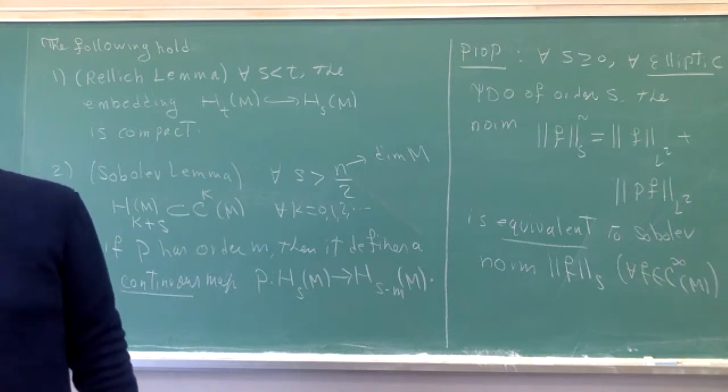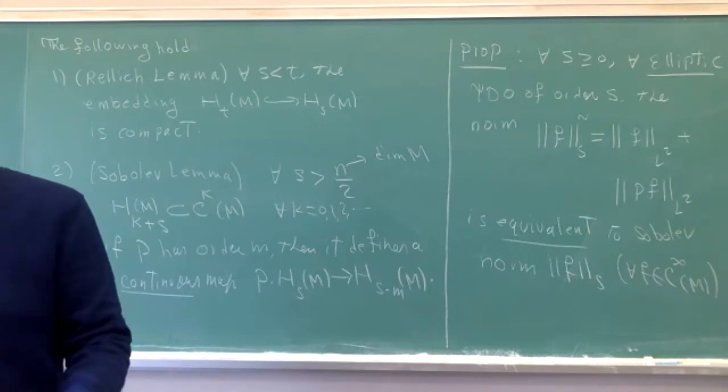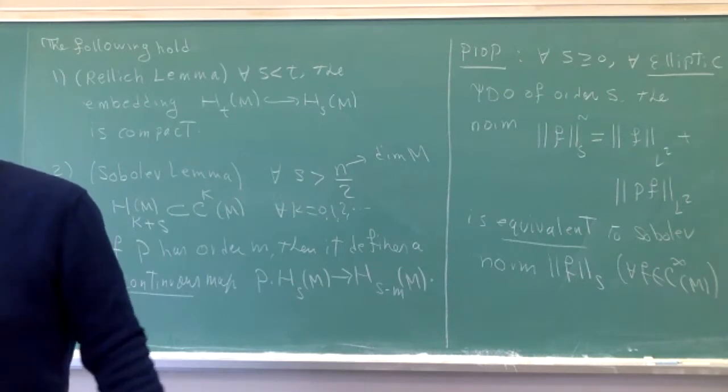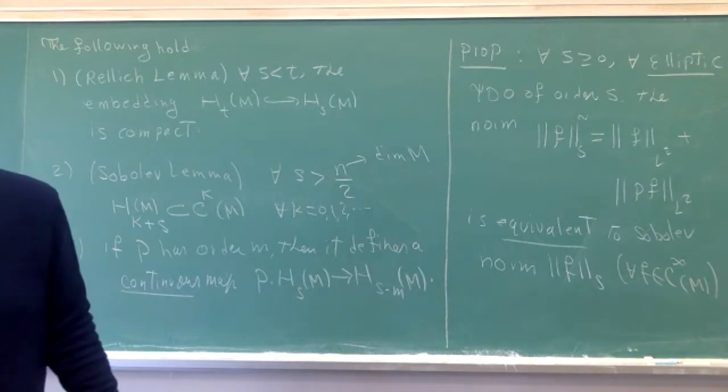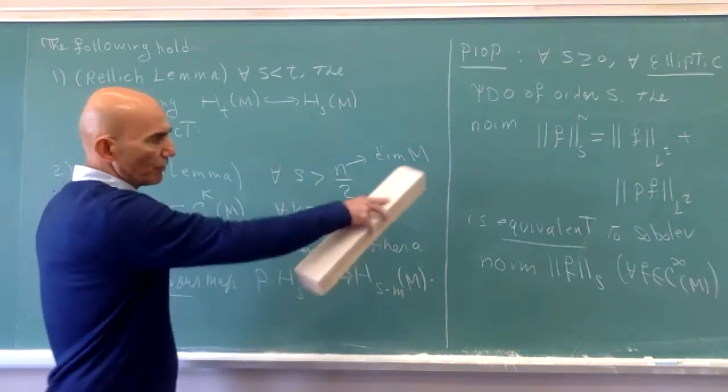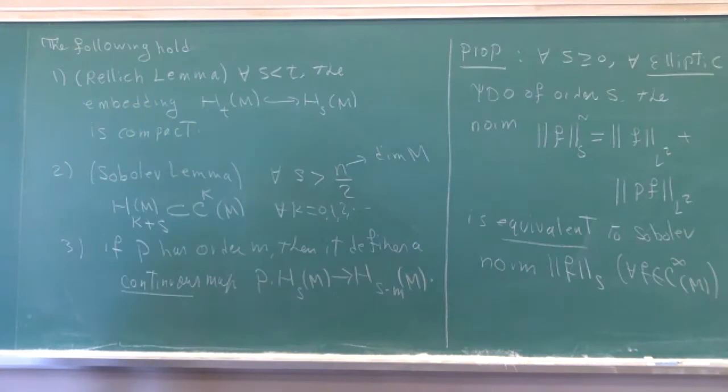Independence of coordinates comes somewhere else. For that definition, you don't need that. It's the transformation property that gives the fact that the symbol is a section of a certain bundle. You need that independence, that transformation property. I will get to that. But for this stuff, you don't need independence.